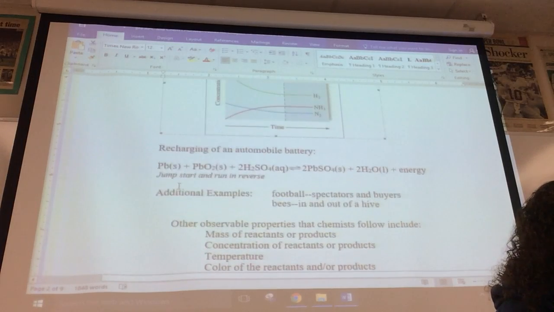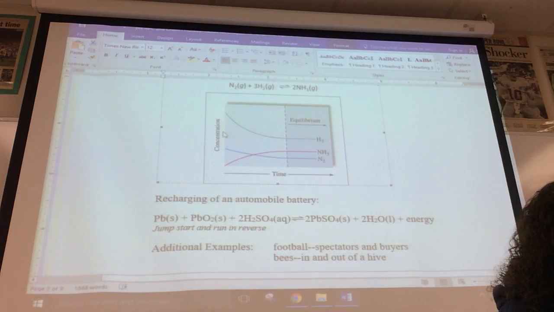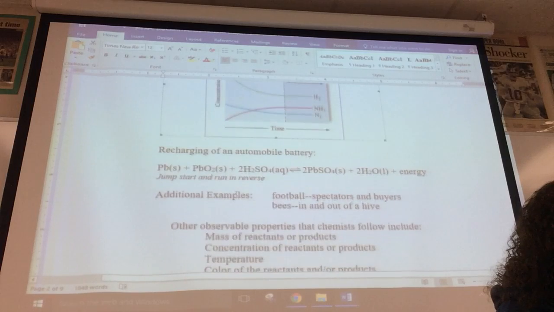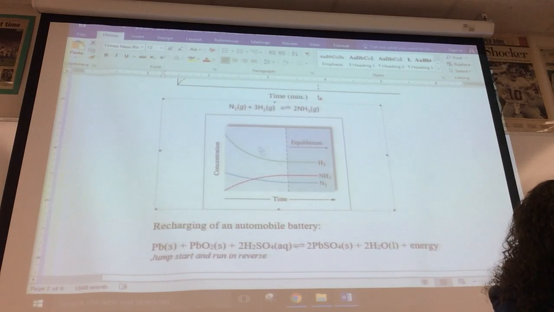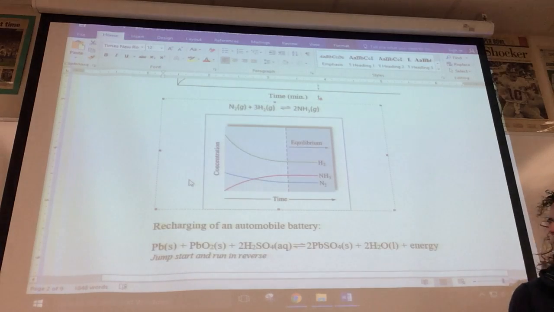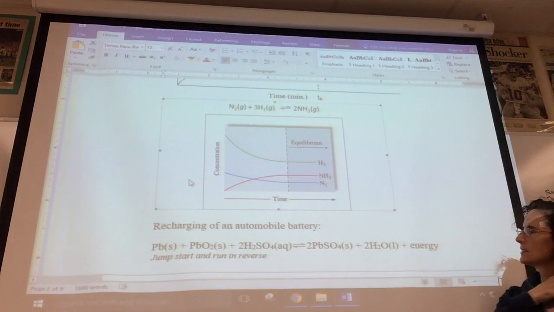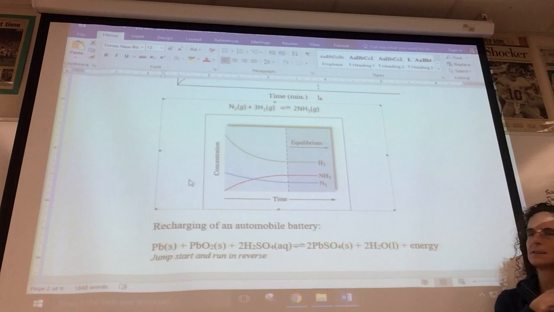Now, typically what we like to look at is the change in concentration over the change in time for rate. But you can also look at mass, temperature, color, conductivity. There's quite a bit. But for our purposes, we're going to look here. And I don't think I gave you any type of graph like this. This would be really more for advanced chemistry.